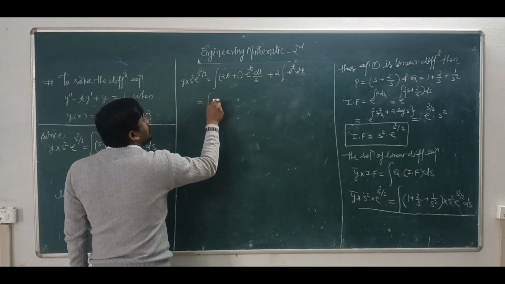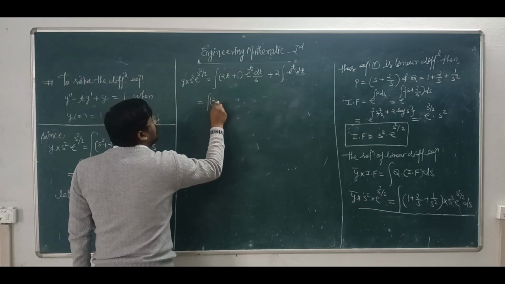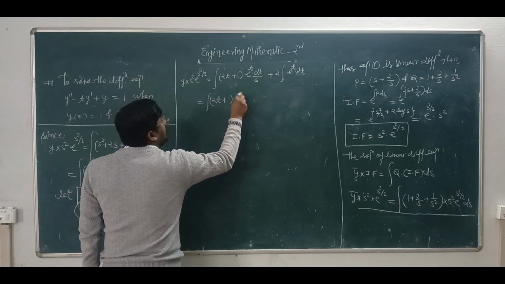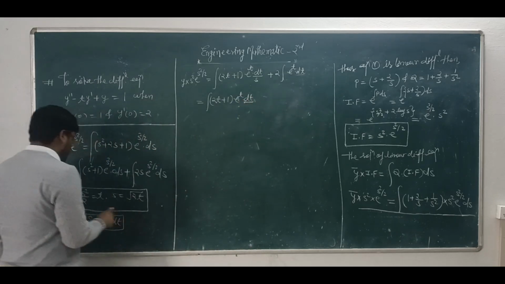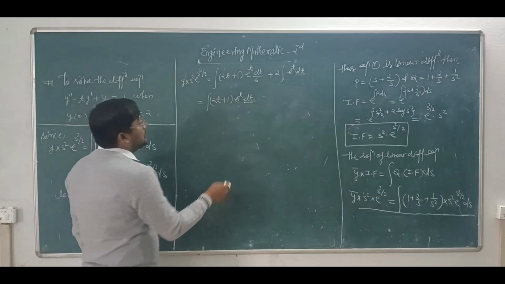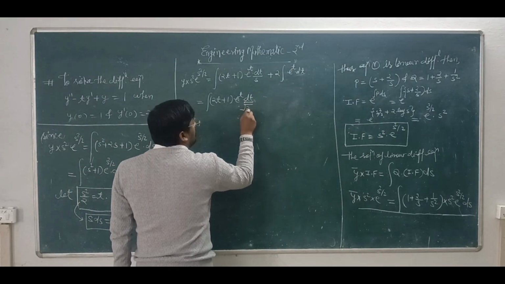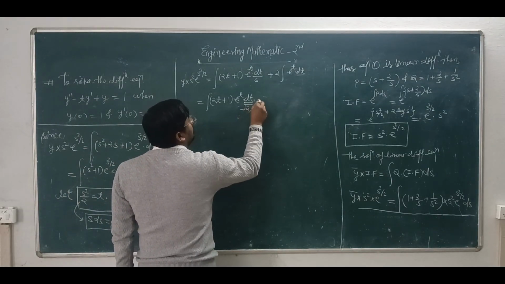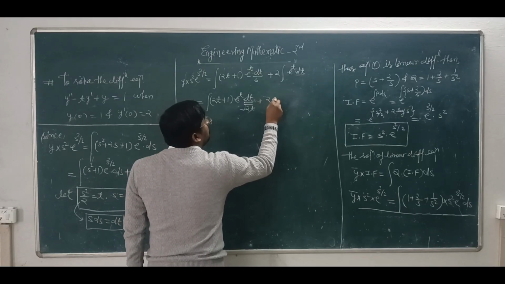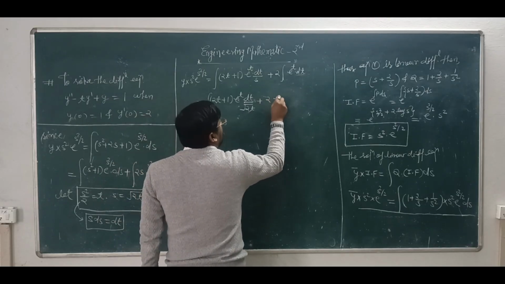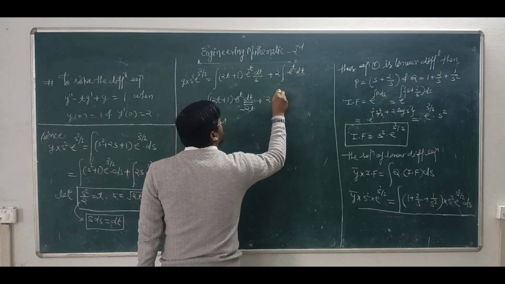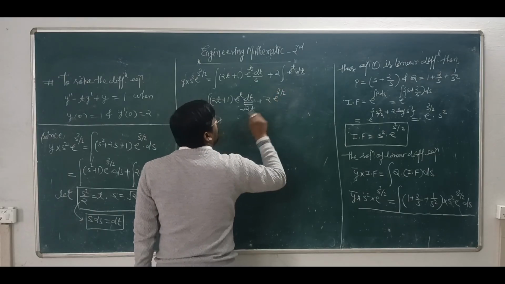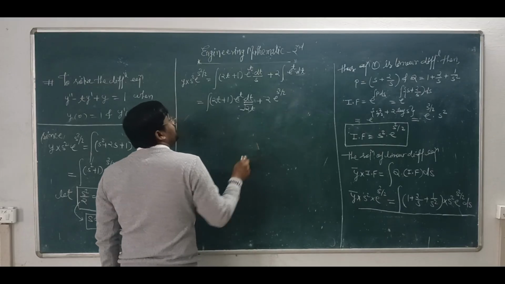This is 2t plus 1 e to the power t into dt upon, this is the value of 2 root t. This means root 2t plus 2 e to the power t. t means s square by 2, s square by 2.